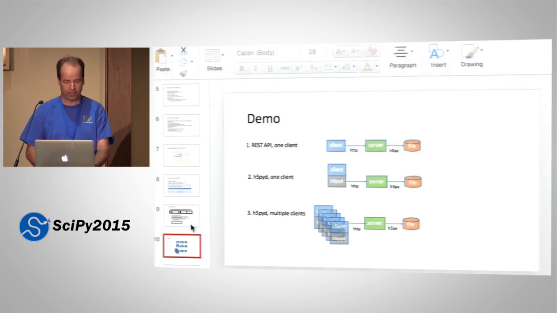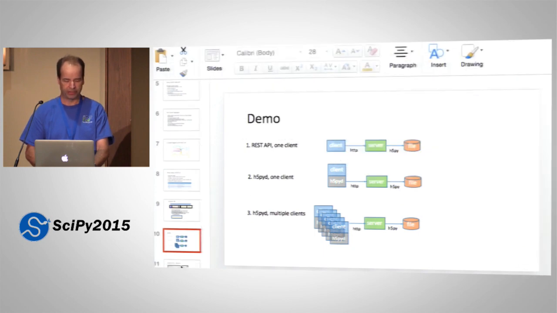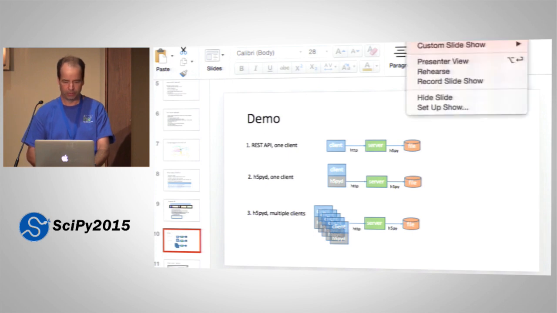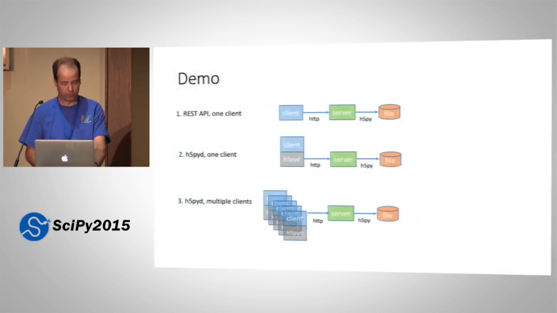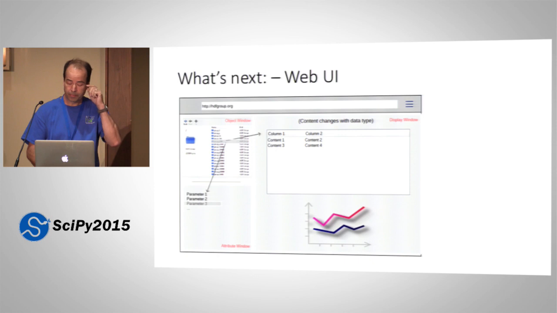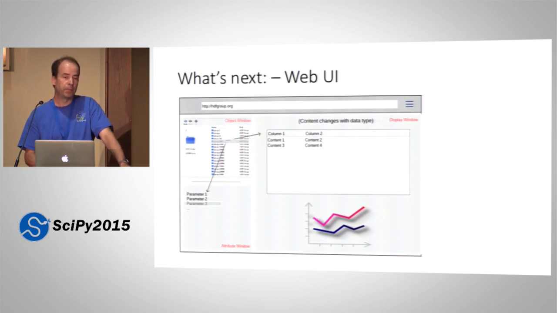So real quick, let me just go over some of the upcoming stuff with the HDF server. Web UI, like I mentioned, I think it'd be really cool to be able to view any HDF data through a browser. This could either be a generic interface or it could be specific interfaces for certain domains.